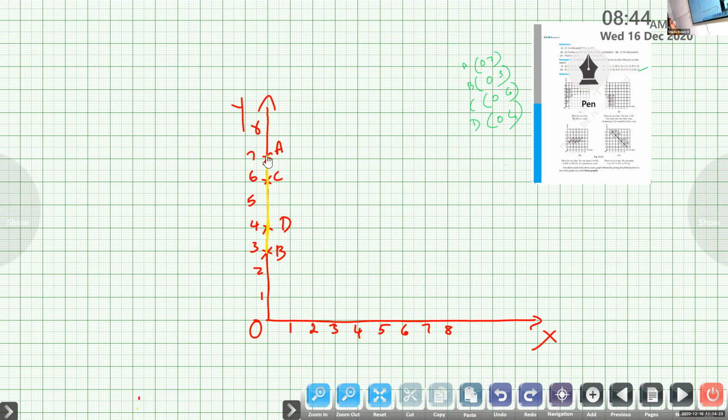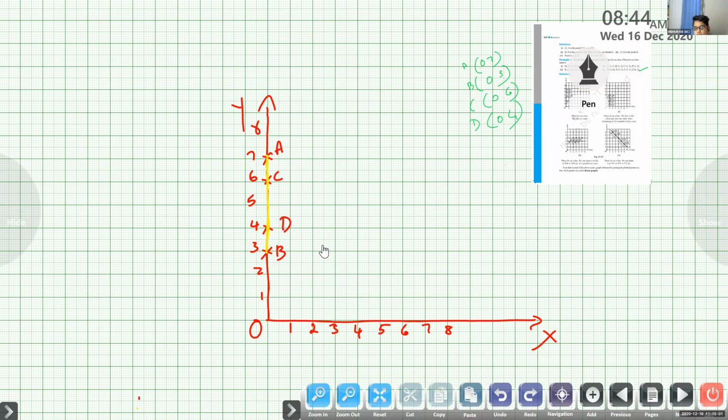No. Our points are (0, 7), (0, 6), (0, 4) and (0, 3). Is it over?